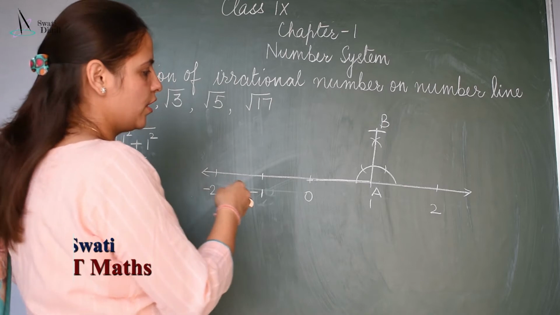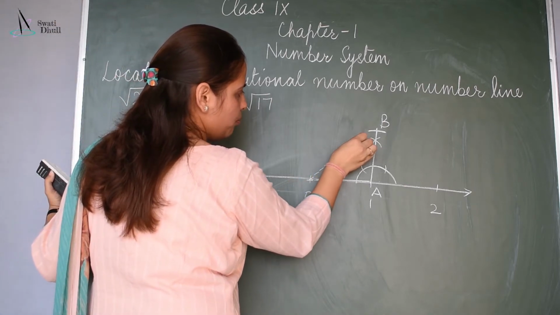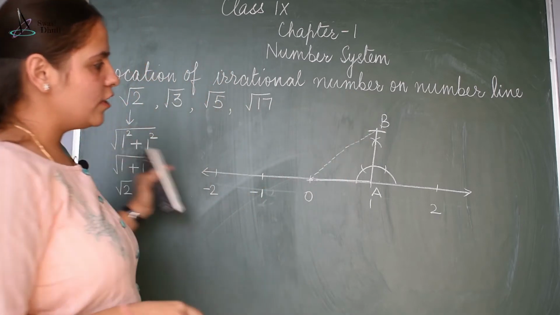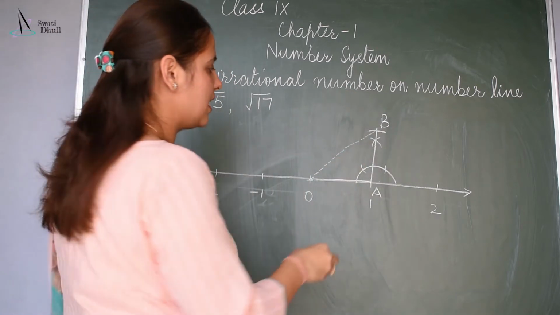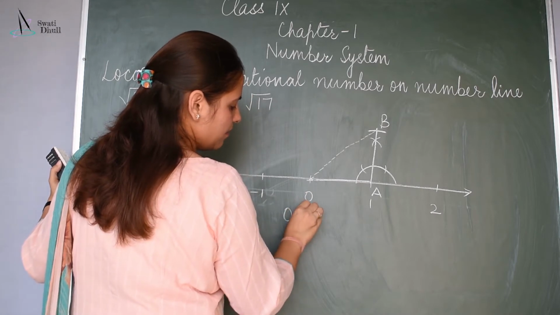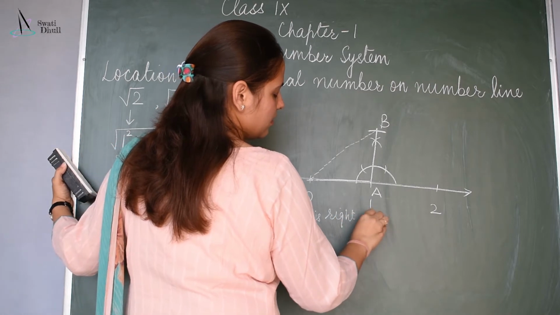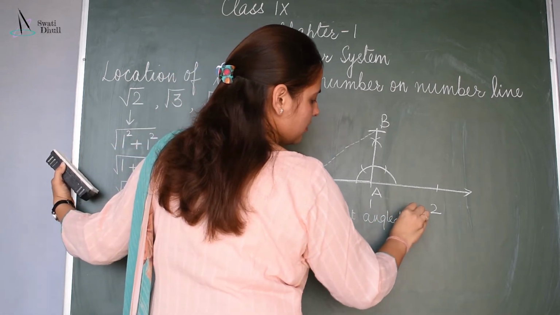Now you have to join OB. When you join this OB, now see, this is a right angled triangle. OAB is your right angled triangle.